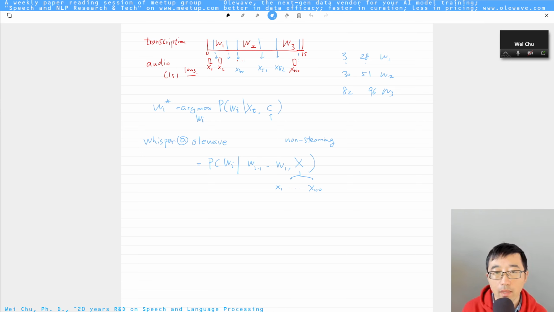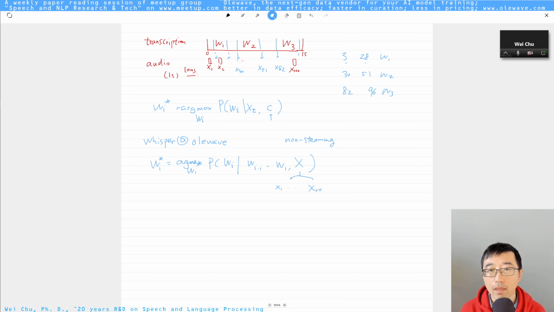Then it will get the most likely words. It's nothing wrong to use this framework for speech recognition, because most people do it this way.